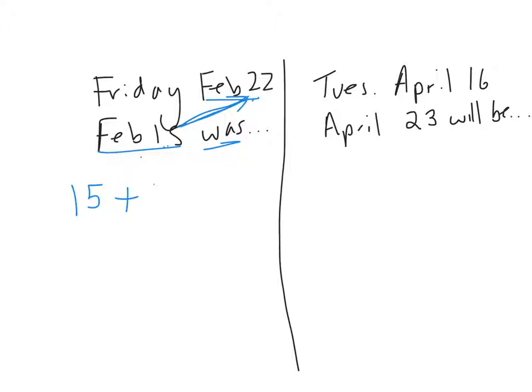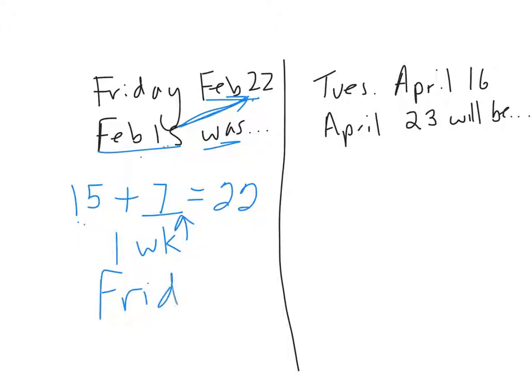I can just say that I know that 7 more days than the 15th is the 22nd. This is exactly 1 week because it's 7 days later or 7 days earlier in this case. And so the 15th was on a Friday. Friday back to another Friday because it's exactly 1 week because those 2 dates are 7 days apart.